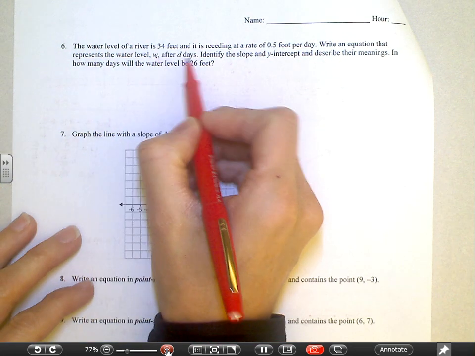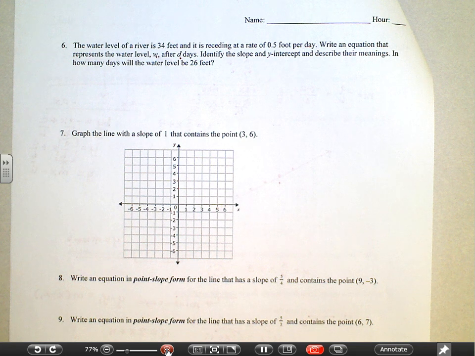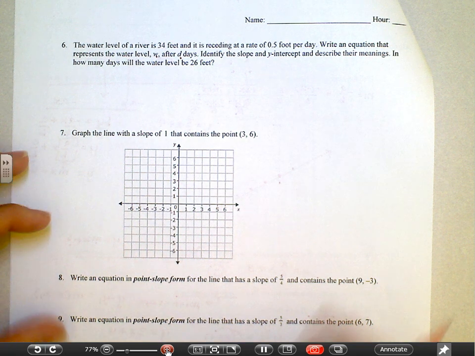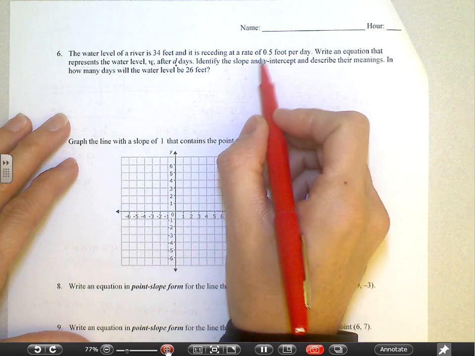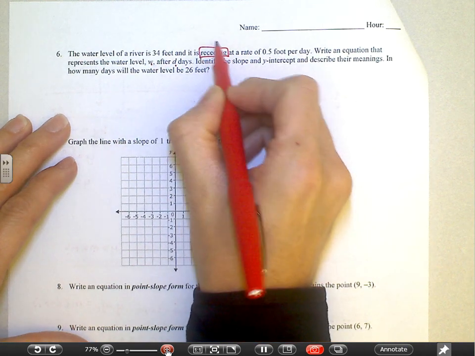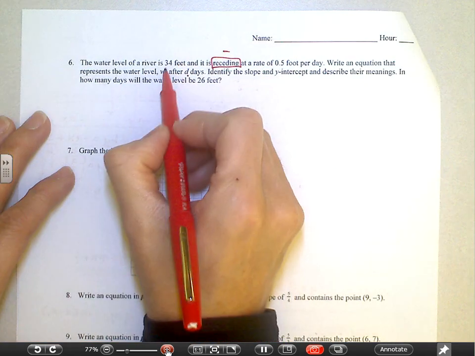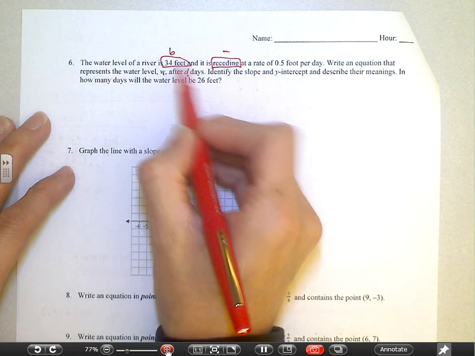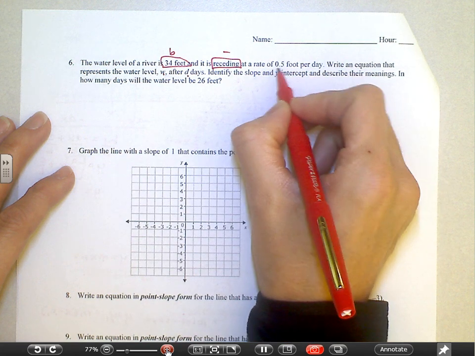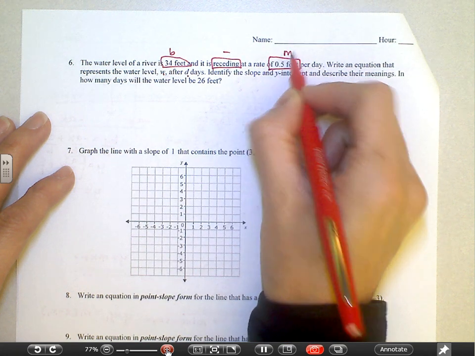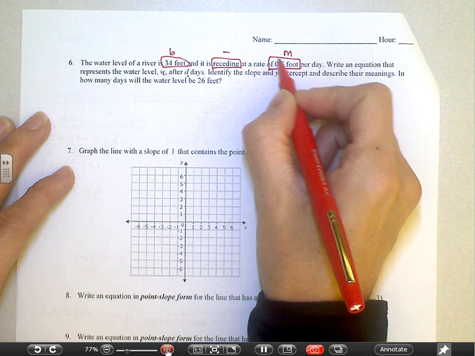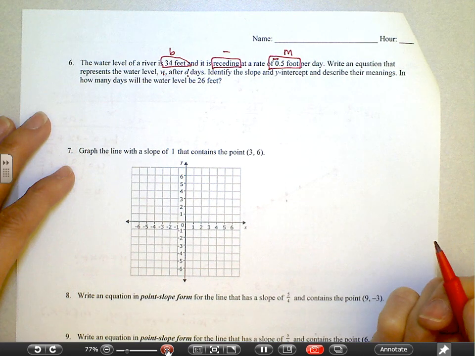First of all, they say W and D. I'm used to y and x. If it's receding, that means you're going to subtract, right? So you're going to have a negative slope here. So essentially your y-intercept, your b, is 34 feet. Your slope is 0.5 feet, but negative 0.5 feet because it's receding.